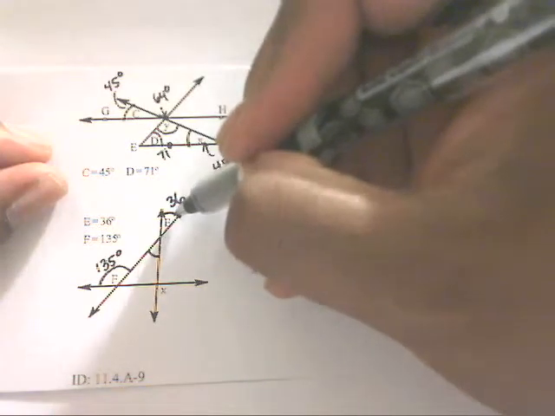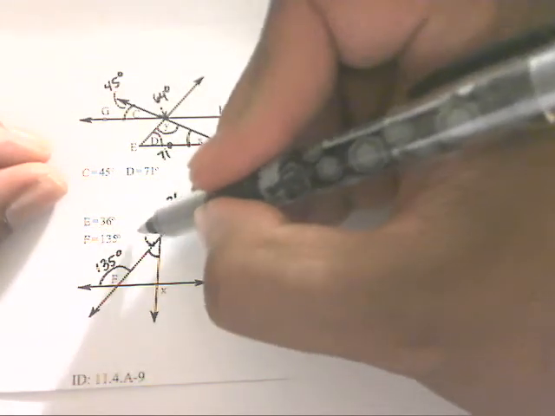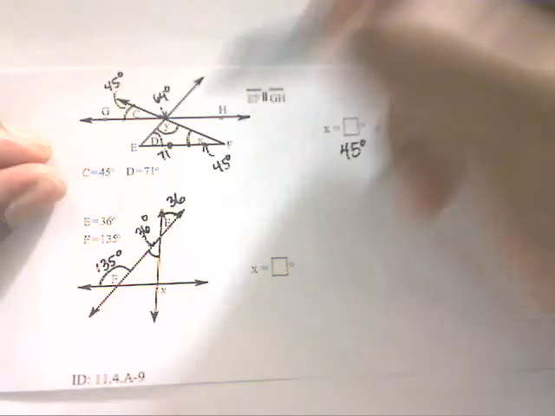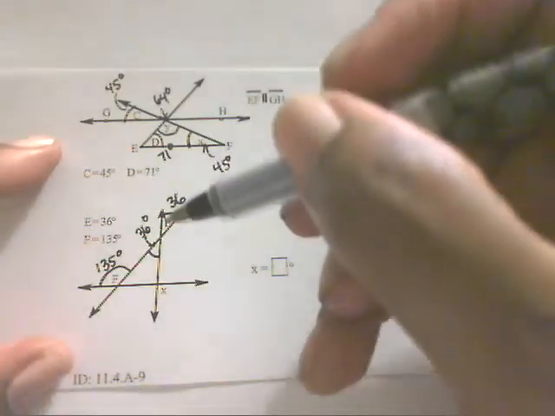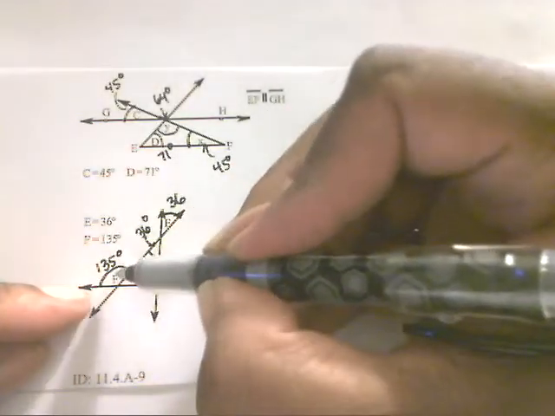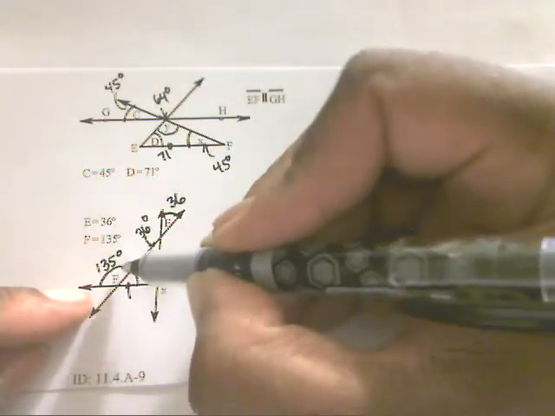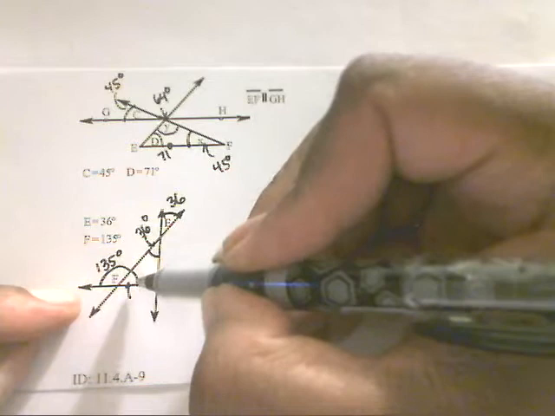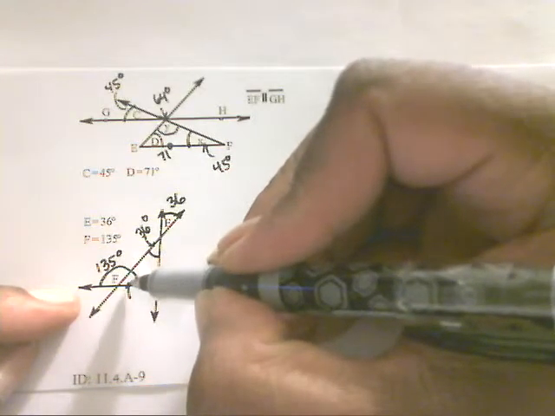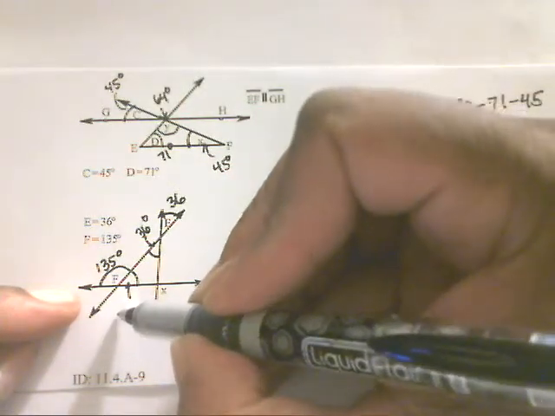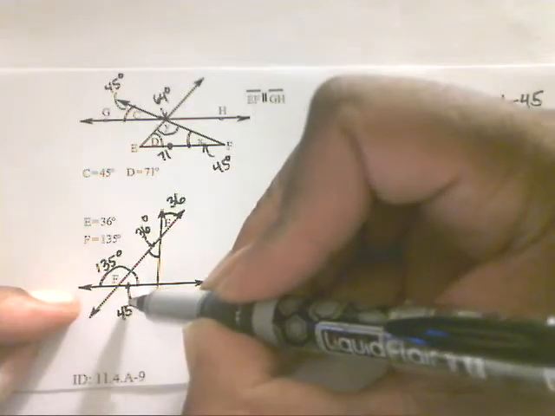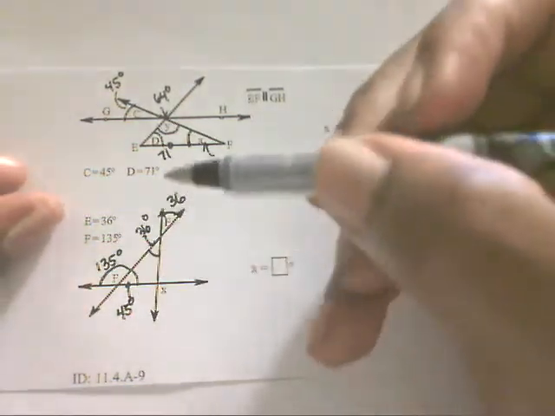They're equal. So if angle E is 36, then this angle right here has to be 36. And then I'm going to compare angle F, which is 135, with this angle here. If that's 135 and the sum of these two angles is 180, then this angle that I have pointed here, that's going to be 45 degrees.